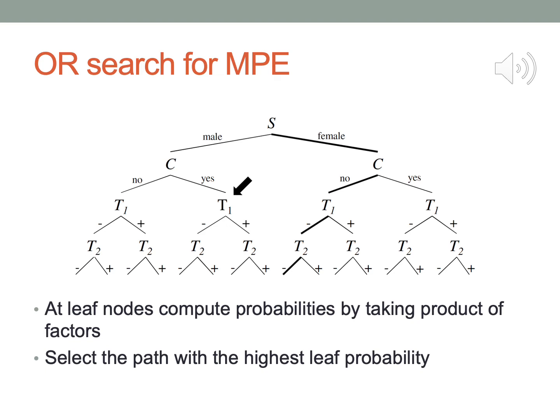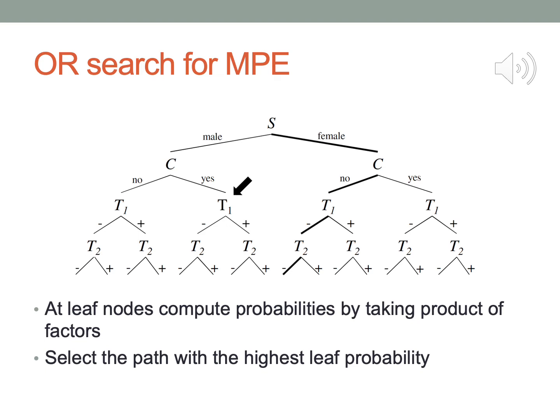You use an OR tree over all variables along a particular order. So on the slide you are shown an OR tree, a full OR tree over the order S, C, T1 and T2, right? So S is the root node, followed by C, followed by T1 and followed by T2. You can use this OR tree to compute the MPE probability as follows.